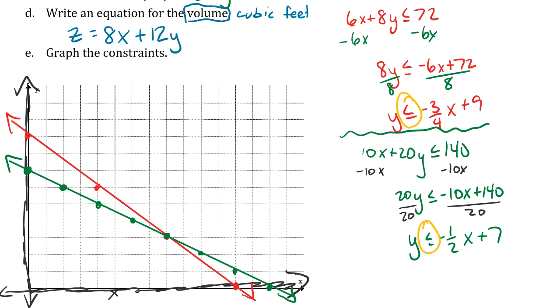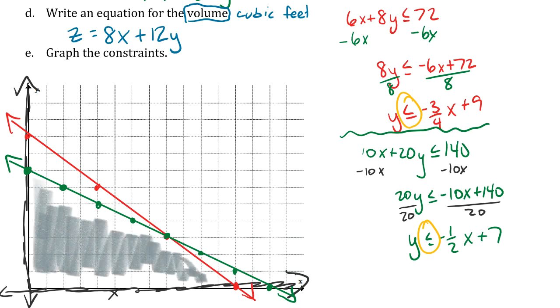Anytime you see the whole system of inequalities have less than or equal to, that always means you're going to shade in the corner. So if I just shade over here, that's our little region.